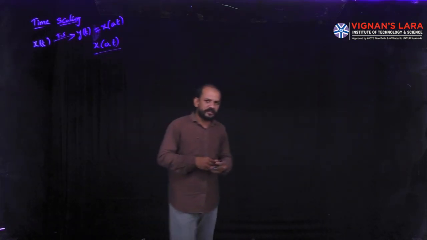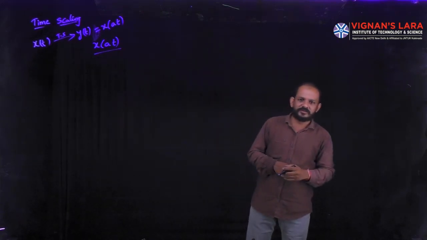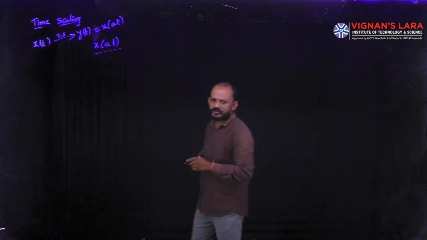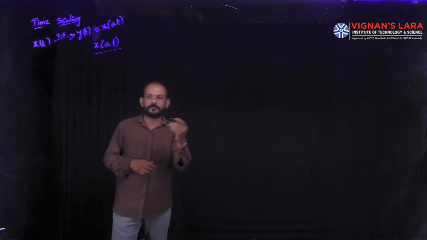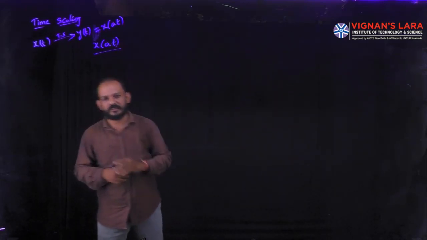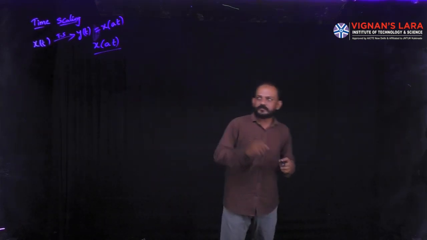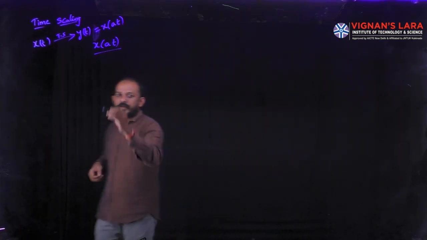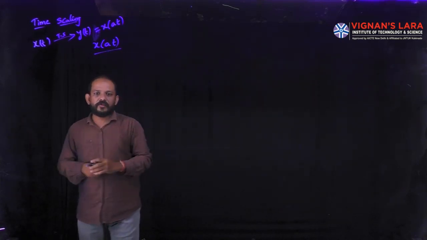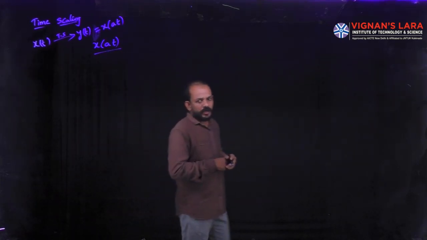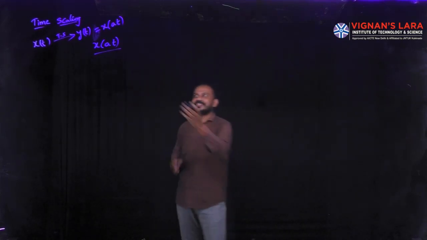See, here I have taken the value of small a. So you can take anything. In some textbooks they will use alpha. Here I have used small a. It's up to you. You can use any variable here. Now, based on the value of this a, we have two variations in the time scaling.